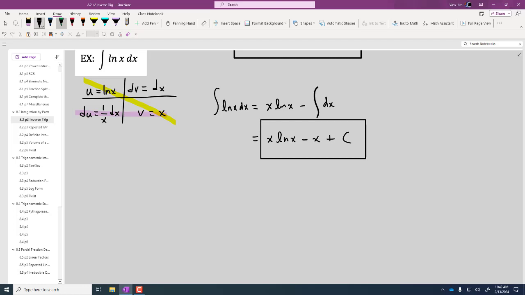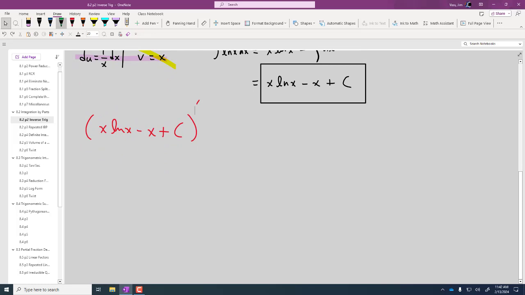Let's check. So x ln x minus x. If we have x ln x minus x plus c, and we take the derivative, well, first, the derivative of this is a product rule. So it's first times derivative of second plus derivative of first times second. Everyone okay with that product rule?